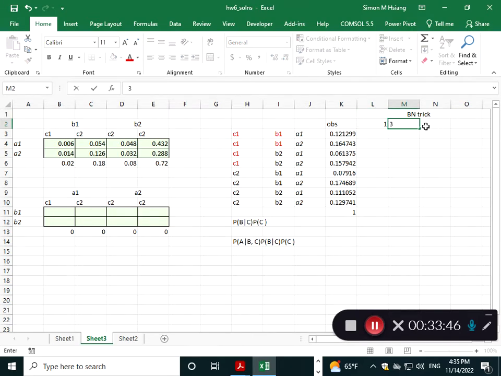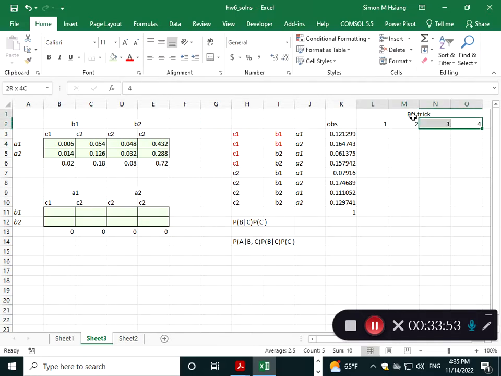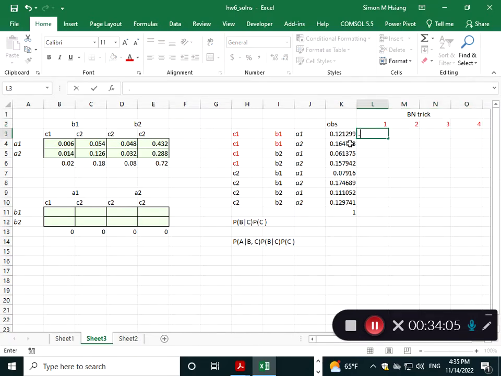I think it's too many, but let's just say I have trick 1, trick 2, trick 3, and trick 4 to model this. Okay? And how to model it, that's where the yada yada stuff comes in. But let me just say trick 1, okay? I'm going to end up with 0.999 and 0.001, okay? And the rest will be 0.